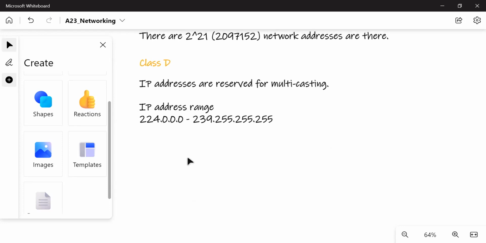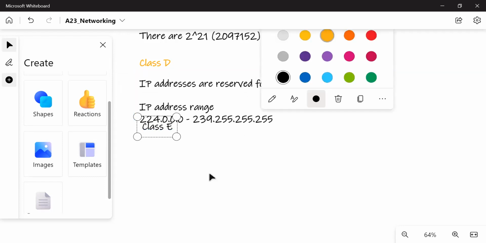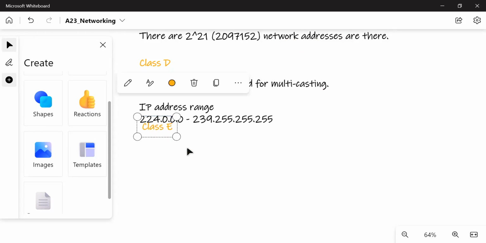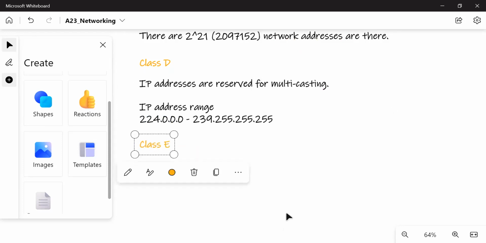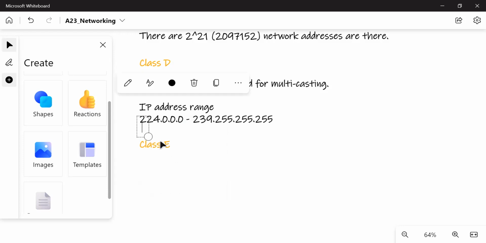Similarly, let's start with class E as well. So the next one is class E. Class E addresses are, again, allocated for experimental and research purposes, so we are not concerned about creating networks.